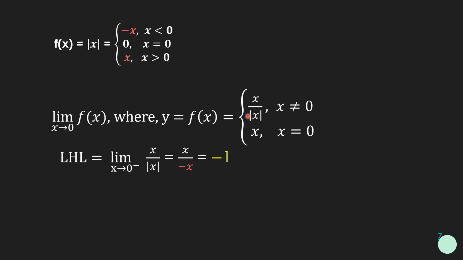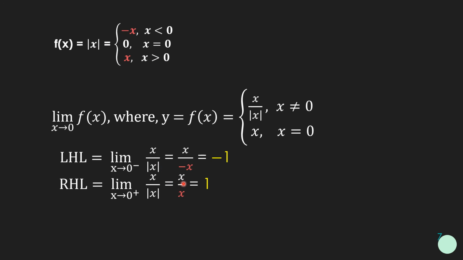Now to find RHL or the right hand limit, we have limit x over mod x as x approaches 0 positive will be x over x. Why x? Because when x approaches 0 from right side, mod x is x.